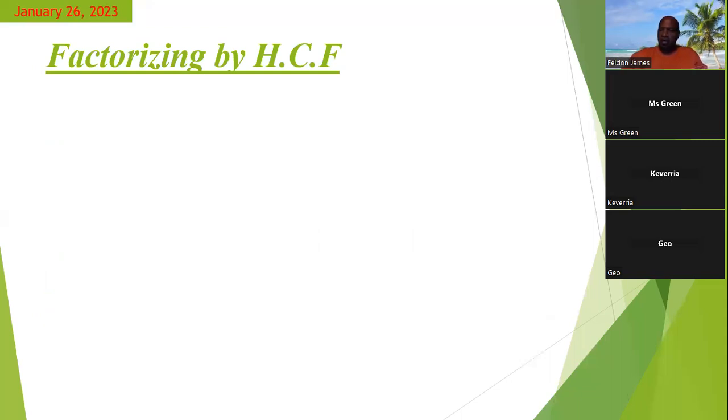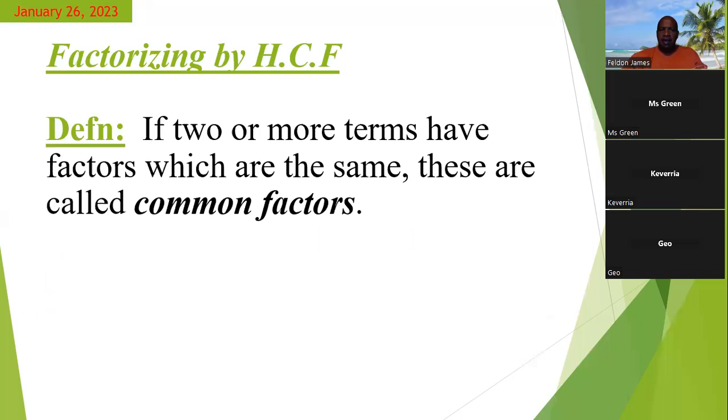The first thing we're going to look at is the HCF technique. When you have expressions where, in all the terms, you can identify a common factor, and remember, I said all the terms, it means that it can be factorized by the HCF technique.